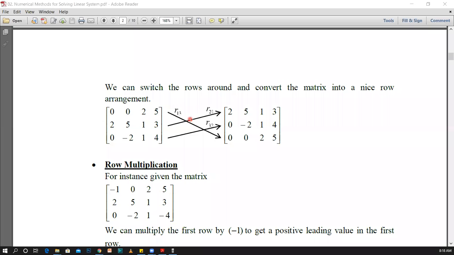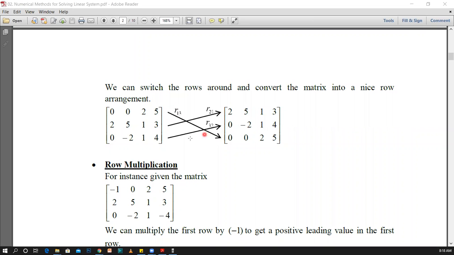But once you change row 2 to row 1, then at least one has to be changed as row number 2. Therefore, what I have done here is I have changed the first row into the third row, the second row into the first row, and the third row into the second row.